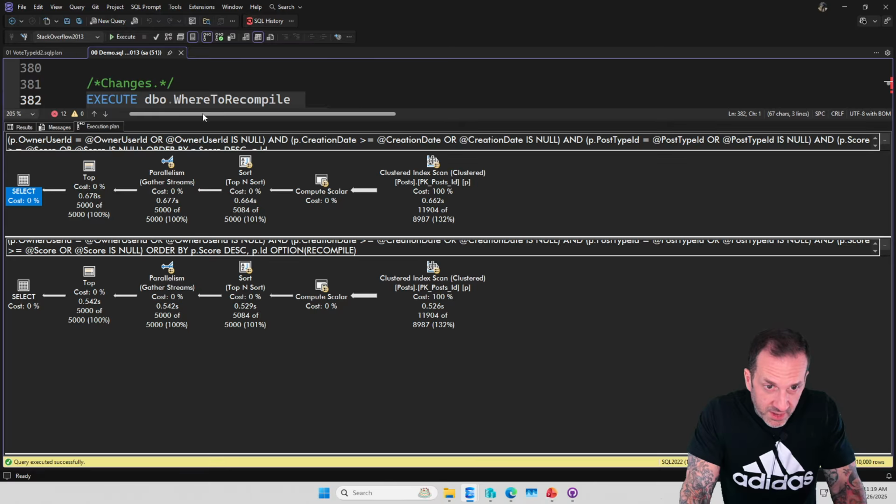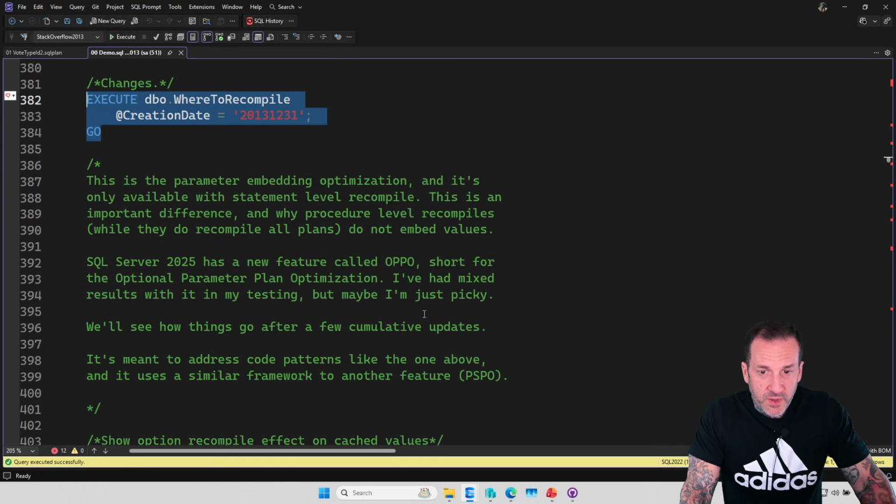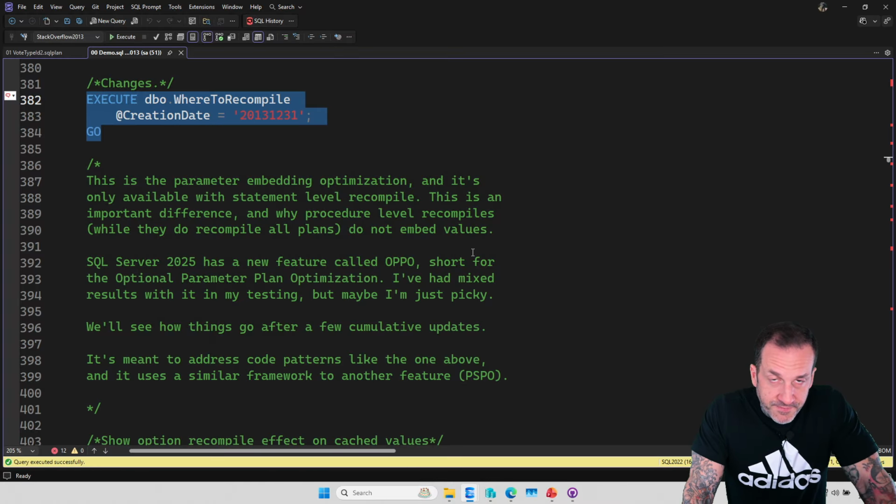So my strong preference is to use the statement level recompile and to not generate new execution plans for absolutely everything in the procedure, and to target particular queries within the procedure that might be parameter sensitive or might be using local variables, which can also benefit from the parameter embedding optimization.